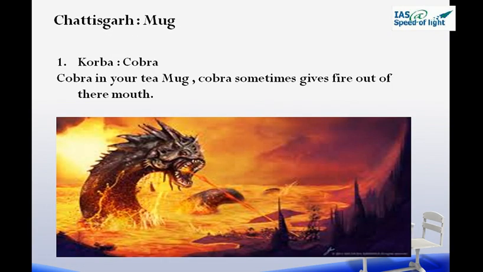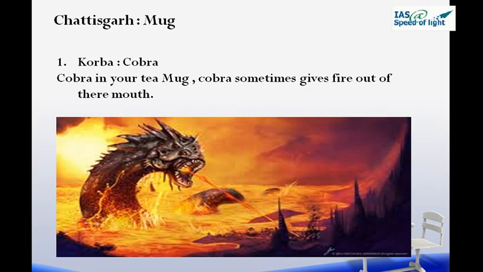Let's go to the next state, which is Chhattisgarh, where Chhattis is 36, and our picture is MG, that is mug. The first thermal power plant of Chhattisgarh is Korba, so from Korba we get cobra, right? A very famous species of snake, cobra. So a cobra in your tea mug, and cobra sometimes gives fire out of its mouth.